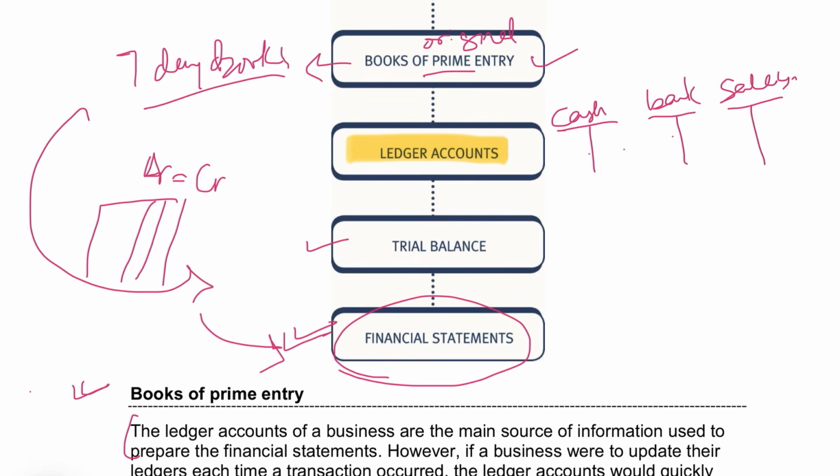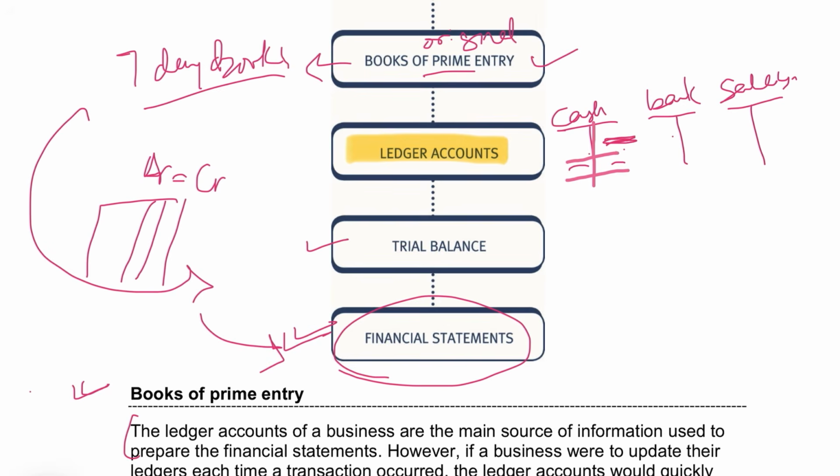For example, if we have already prepared the ledger account, right? So for example, yesterday we already prepared the ledger account, we are done with it. But today, before the financial statement year end, some transaction occurs, so we have to record it, of course, because the year has not ended yet.